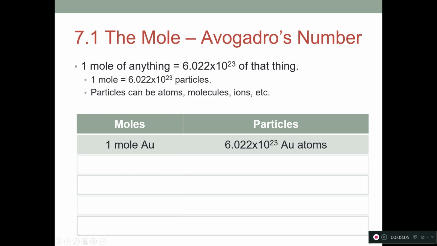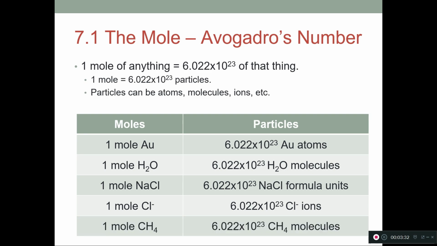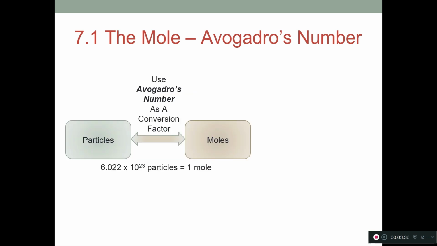So 1 mole of gold is that many gold atoms, 1 mole of water is that many water molecules, 1 mole of NaCl is that many NaCl formula units, which is just the fancy word for essentially molecules of ionic compounds. 1 mole of chloride is that many chloride ions, 1 mole of methane is that many methane molecules.